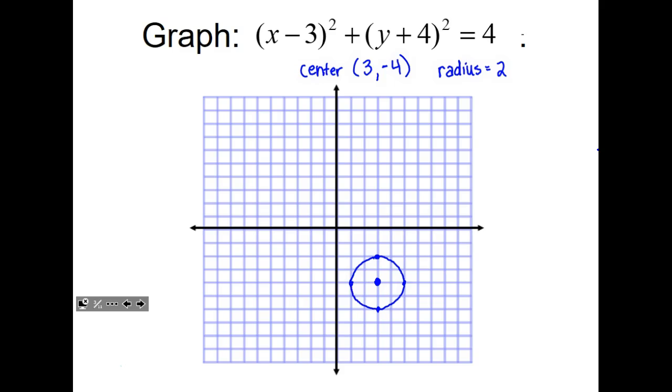Circles are kind of hard to draw, but at least try to make sure that it's kind of round. Don't draw it like a diamond there. Okay, any questions on that?